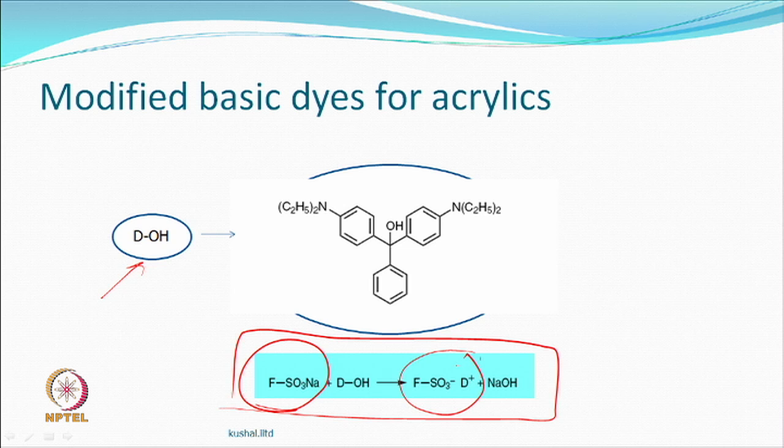Once it is ion, then it is ion, anyway it goes out, you can do some washing later, right. So, this is one of the ways in which you can have a relatively better looking dye on acrylic, right.